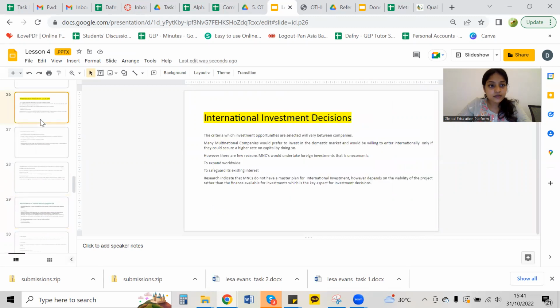Right. So we will look at the international investment decisions, the appraisals, the capital budgeting, and the relevant calculations all by the next class.